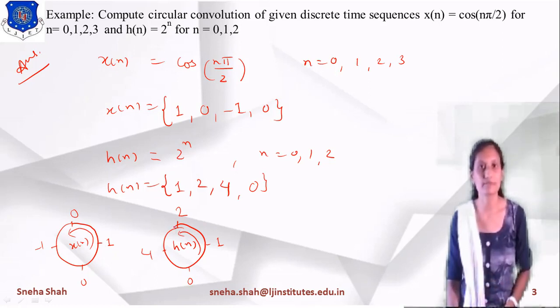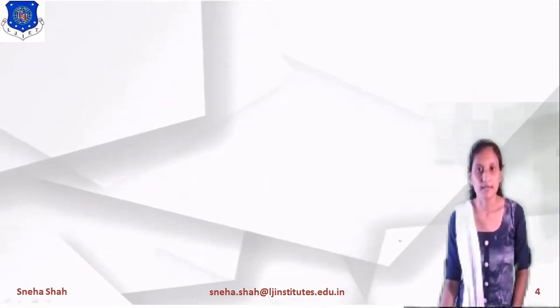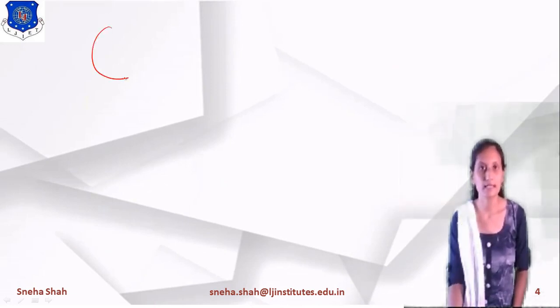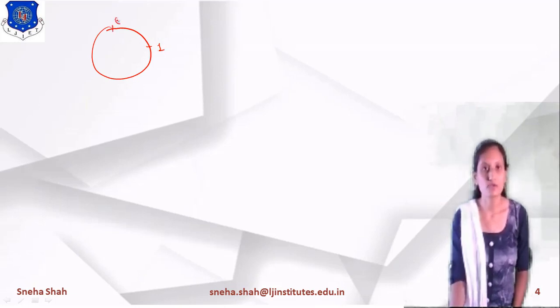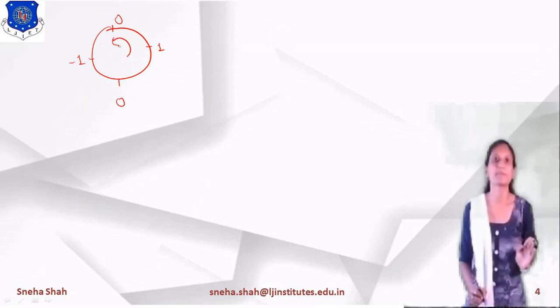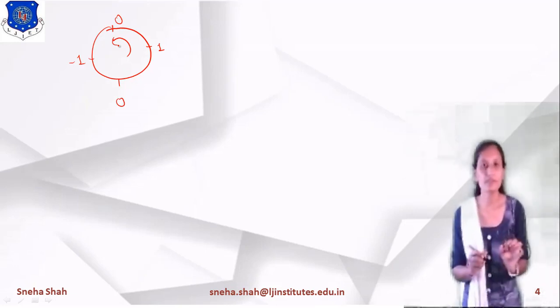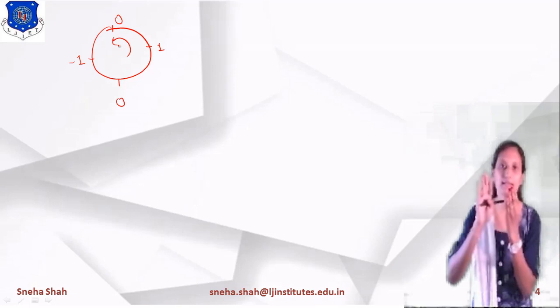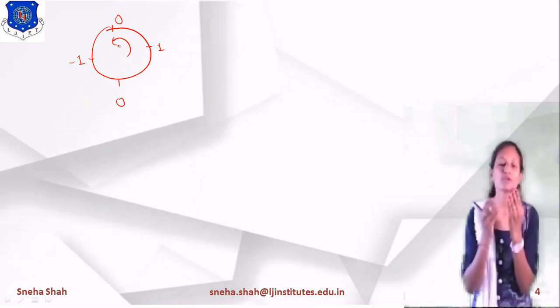Now, writing x of n, what is its value? 1, 0, minus 1, 0, right? We represented this x of n in the anti-clockwise direction. As you know, when solving the convolution, one signal stays as it is and the other signal is in the folded form.